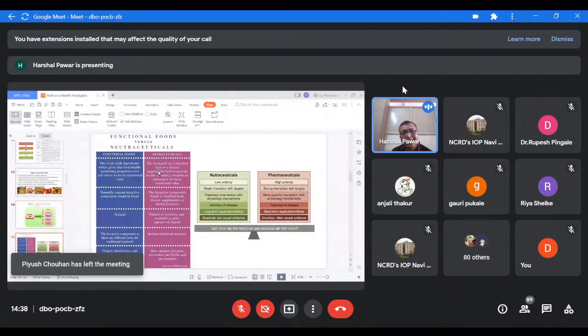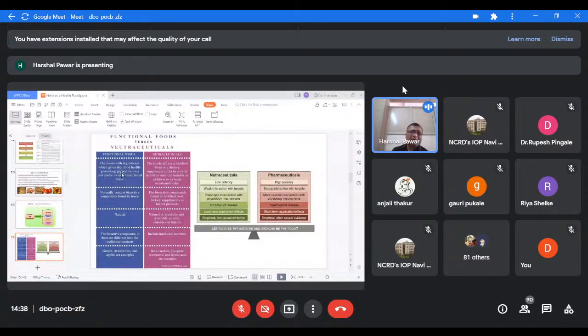Whereas nutraceuticals are the foodstuff or fortified food or dietary supplements held to provide health or medical benefits in addition to its basic nutritional value.